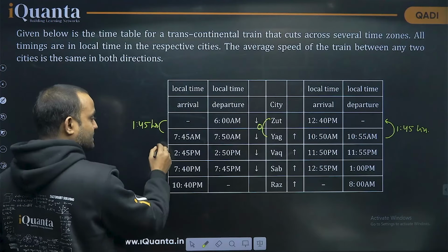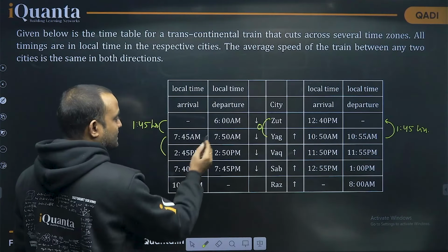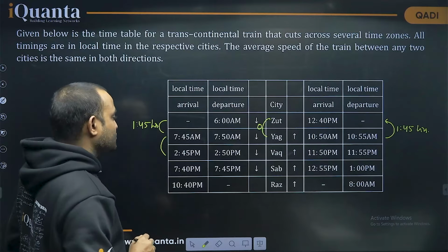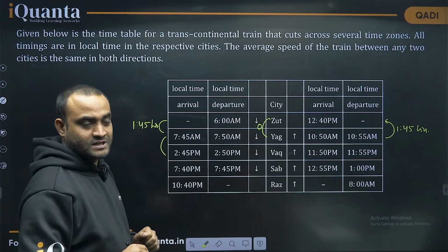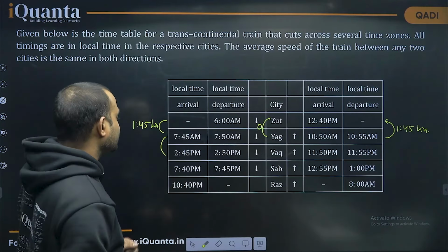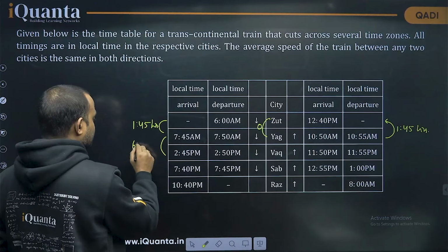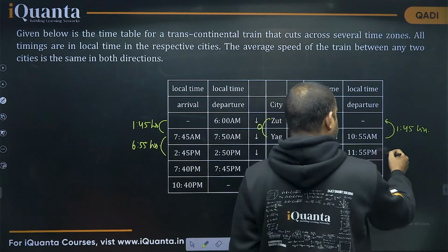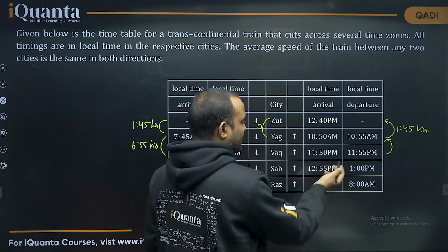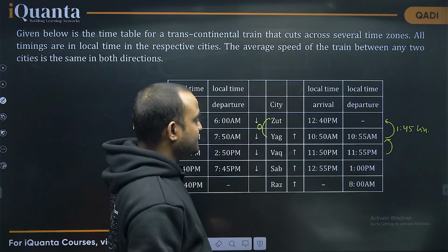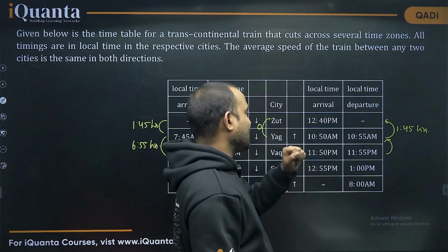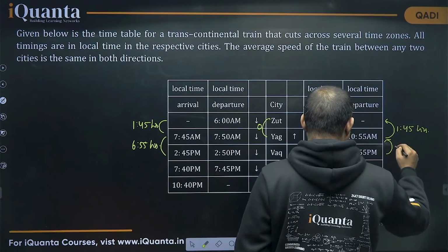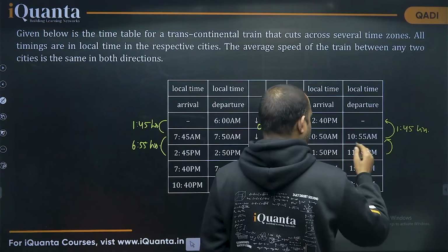Now, in case of YAG and Walk, let's check this. Departure 7:50, arrival 2:45 p.m. So 7:50 to 2:50 is 7 hours, so it will be 6 hours 55 minutes, right? And while going opposite, 11:55 p.m. to 10:50. If I take this as 12, this will be 11 hours, so this is exactly 11 hours 50 minutes, right?